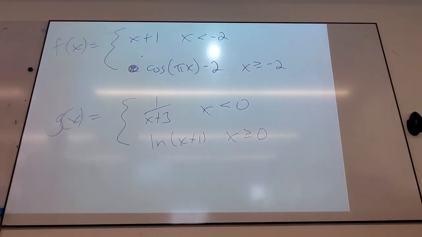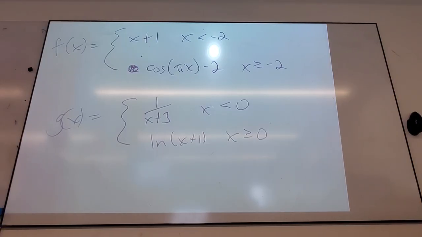So you always have to check, well, we haven't checked yet, the handoff. But you also have to look, does any individual function have its own issue? 1/(x+3) is discontinuous at -3. Can you be more precise? What kind of discontinuity is it? What happens at -3 for 1/(x+3)? It's asymptotic there, yes?